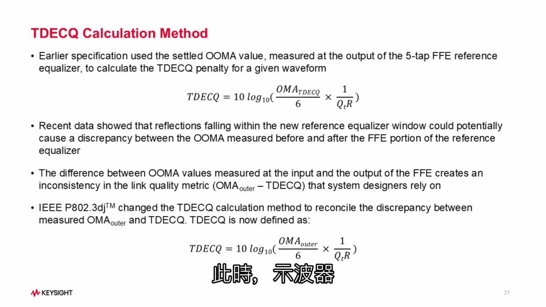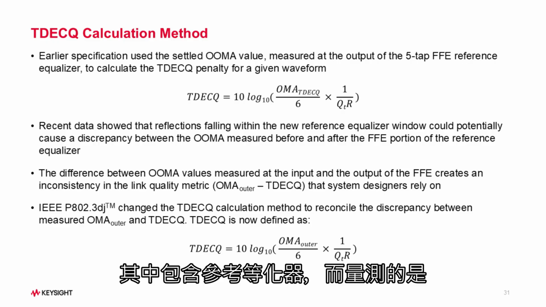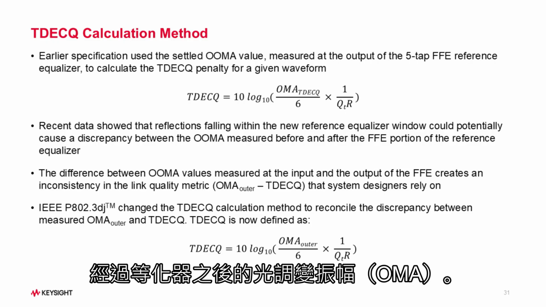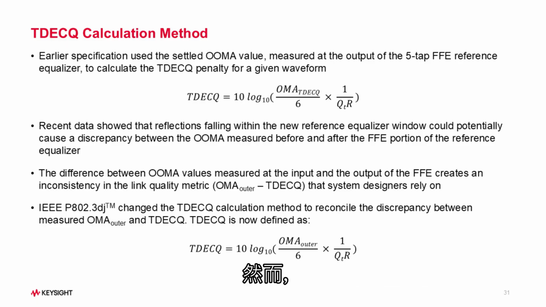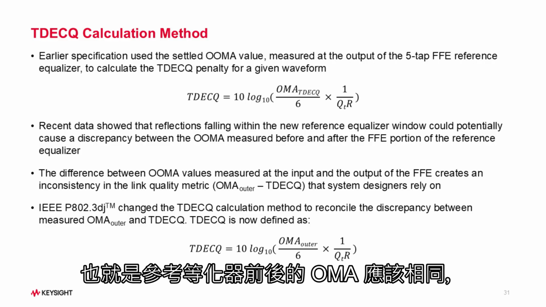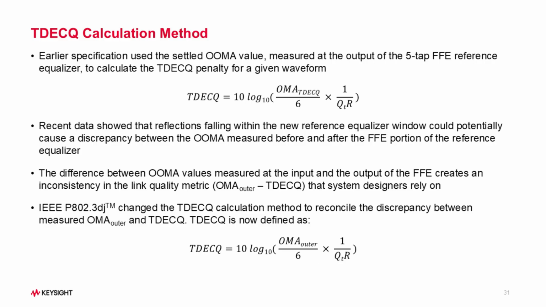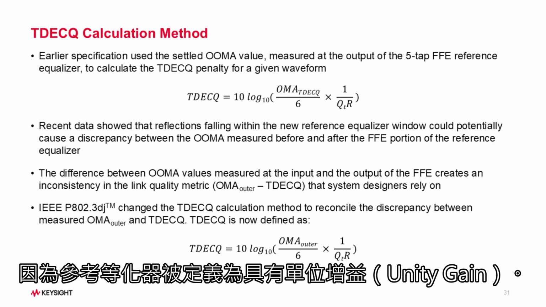The scope is an optical reference receiver that has a reference equalizer, and you're measuring that optical modulation amplitude after the equalizer to calculate TDECQ. However, there was always a notion that OMA before and after the reference equalizer would be the same, because that reference equalizer was defined to have unity gain.